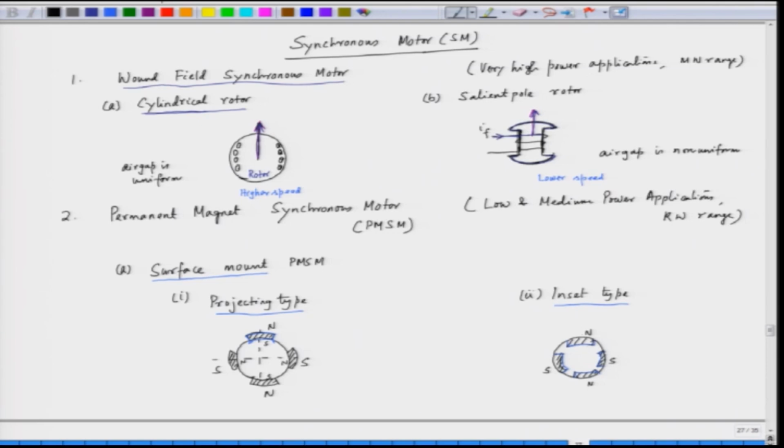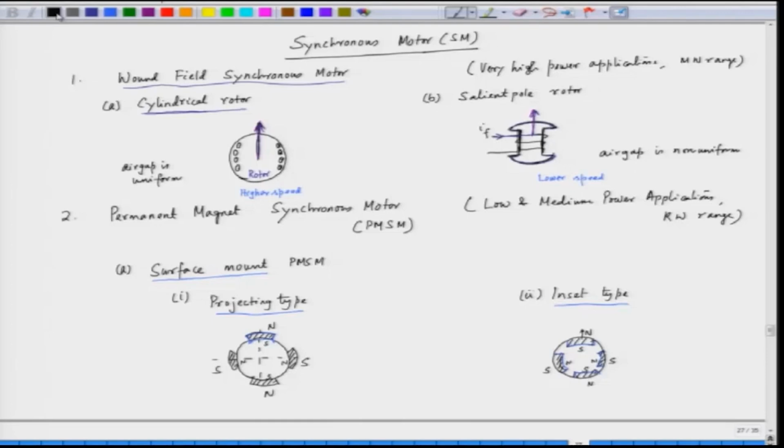If the north pole is on the surface here, which gives flux in this direction, the south pole will be here. Similarly, we have south pole here and north pole here. So, this is called the inset type. The magnets are placed inside the rotor, but on the surface.